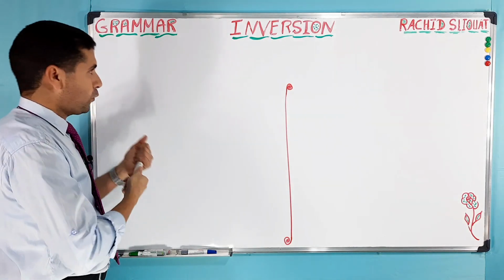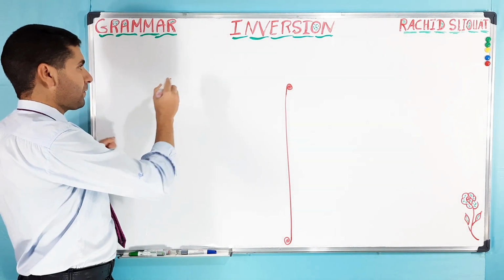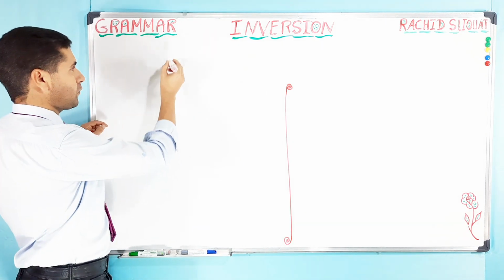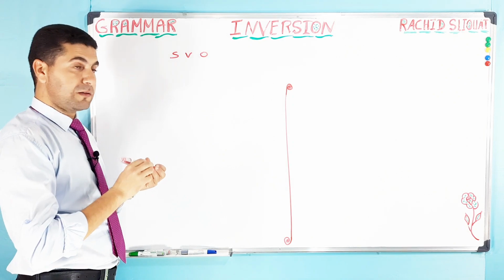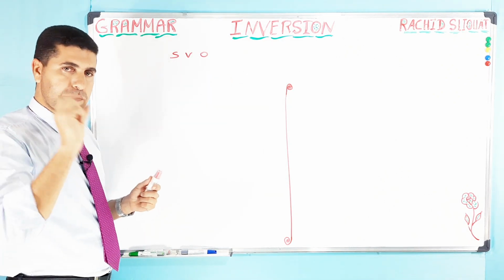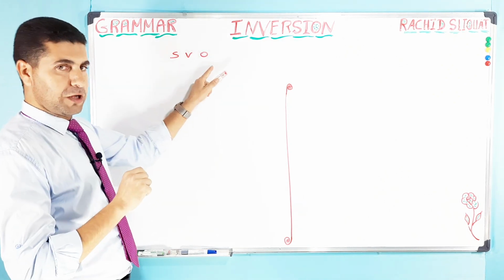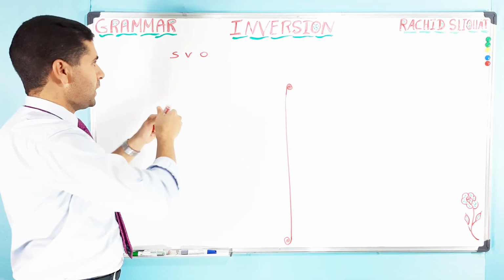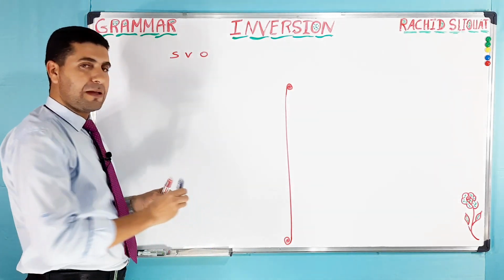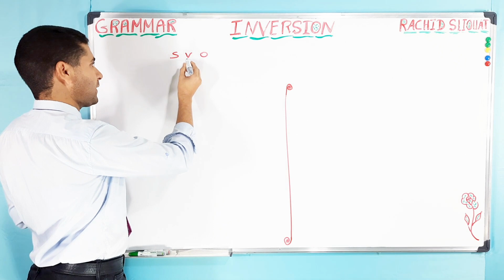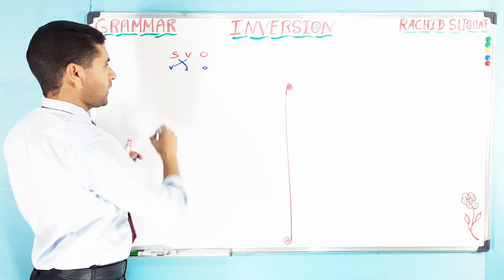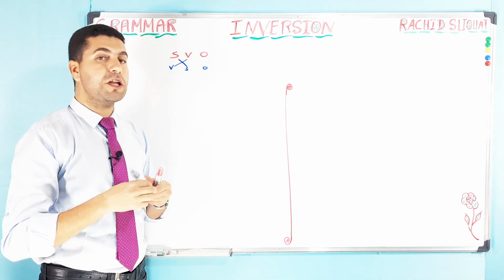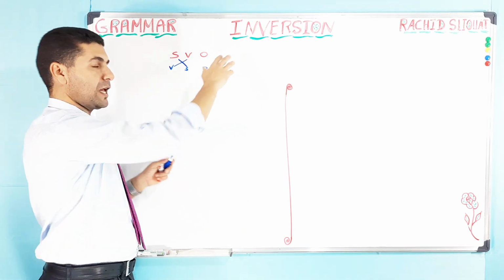In a normal sentence in English, the order is subject, verb, object. In inversion, we inverse the subject and the verb, so the verb comes here, then the subject, and the object. This is generally what we mean by inversion.